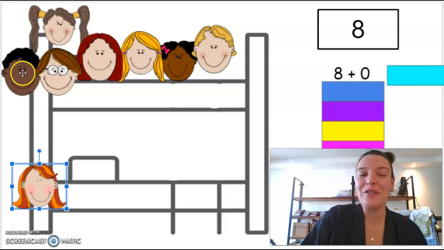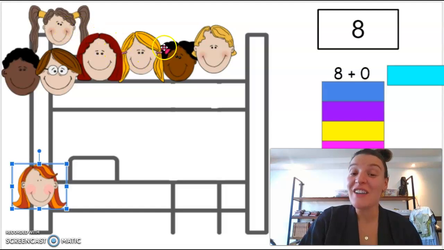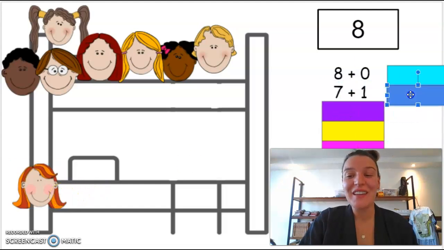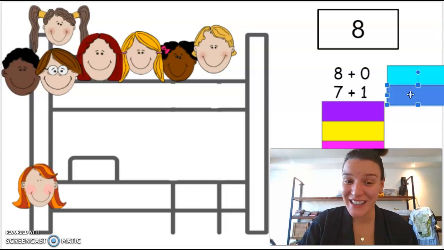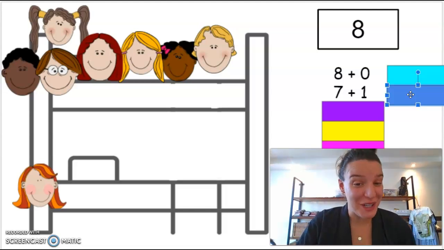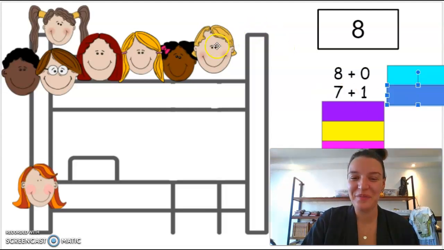Up at the top I have 1, 2, 3, 4, 5, 6, 7. And on the bottom, I have 1. I can say 7 plus 1. We know that there are still 8 kids, but this time I have a new combination. Let's continue moving them.